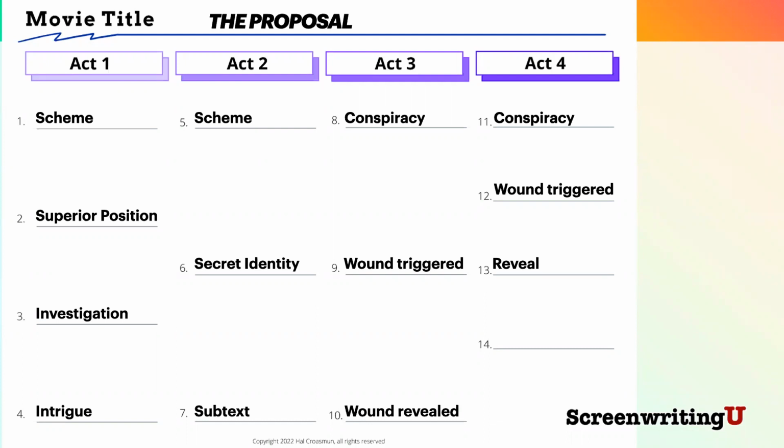And she leaves. That just brings us to one more scheme and reveal. And the scheme this time is Gammy tricks everybody. She acts like she's having a heart attack. She tricks everybody into flying so that she can get Andrew to the airport in time to stop Margaret's plane.